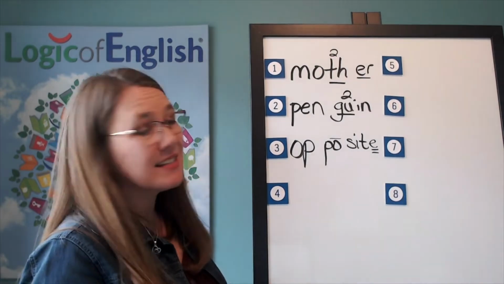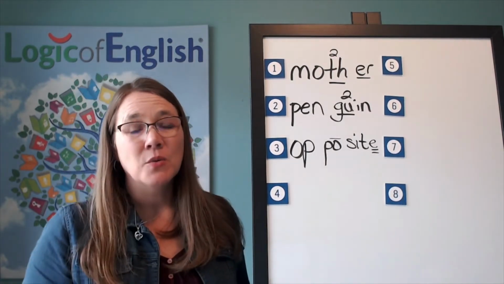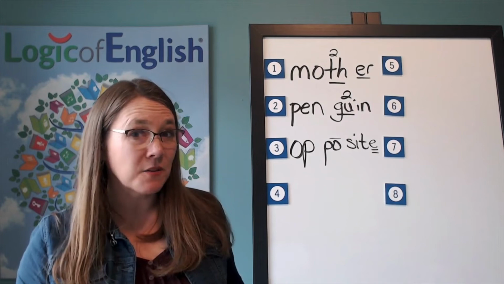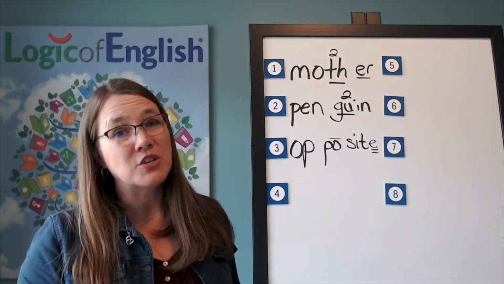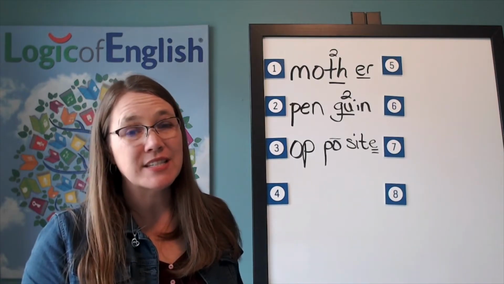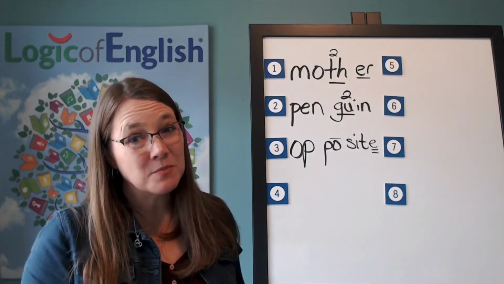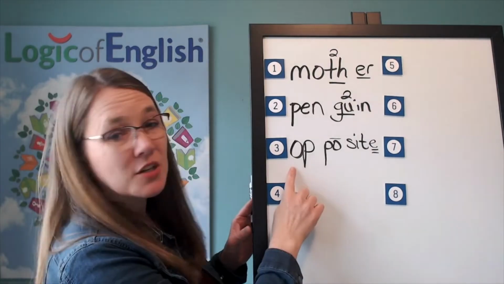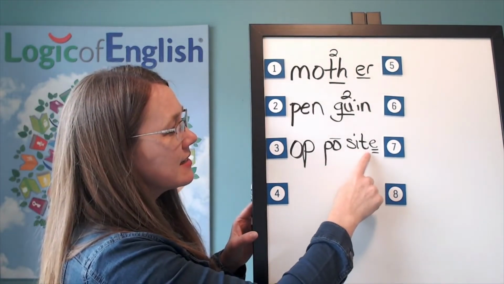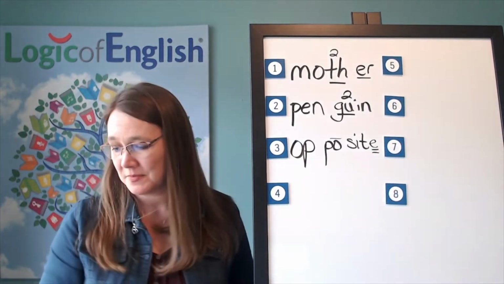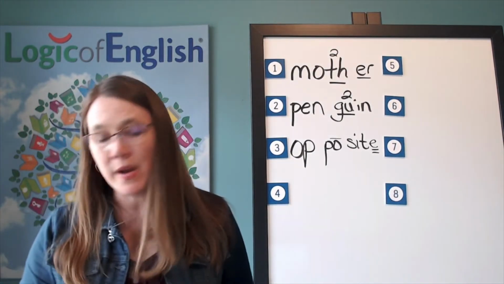That's right, this is an unseen reason. Once again, there are 9 reasons for a silent final E, and every now and then there's words that we just don't know why it's there. It just is. There aren't that many, but this is one example. Let's go ahead and read this. Op-po-sit, opposite.